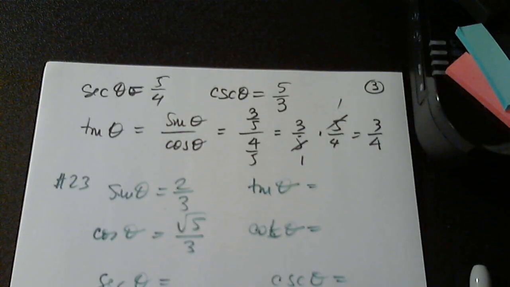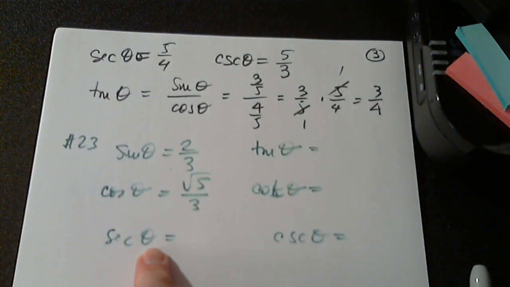Let's start with this. What do I write? Secant by definition is 1 over sine.